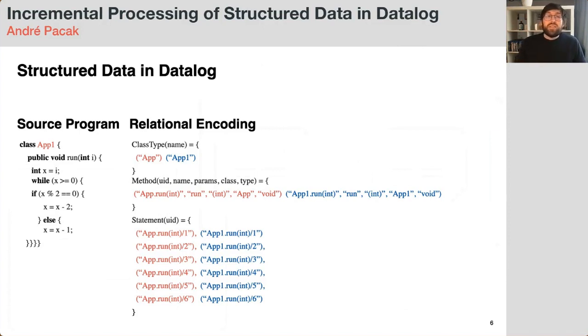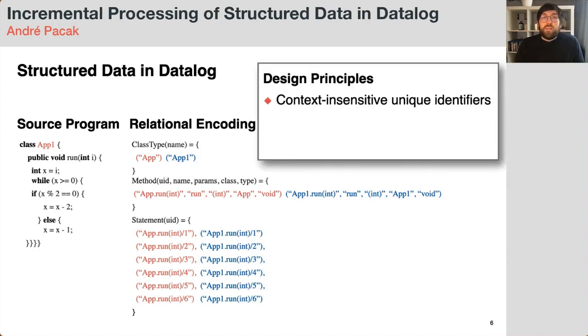Because here we decided to use the class name as a part of the unique identifiers, we need to delete every fact. This is a problem, because a small change of the source program resulted in a huge change of the relational encoding. To avoid this, we identified a design principle, where we only want to use context-insensitive unique identifiers.